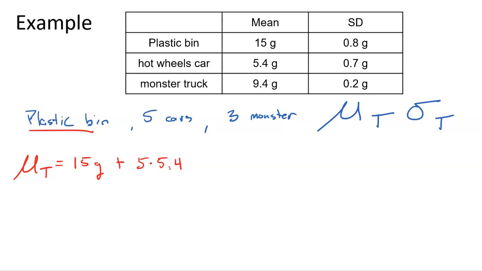If I have to add 5.4 together 5 times, multiplying makes that a little bit faster. Plus 3 monster trucks at an average weight of 9.4 grams, so 9.4, 9.4, 9.4. So I have the 15 grams for the plastic bin, 5.4 times 5 for the 5 Hot Wheel cars, and 9.4 times 3 for the 3 monster trucks.